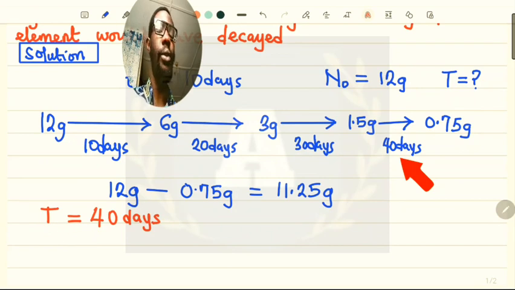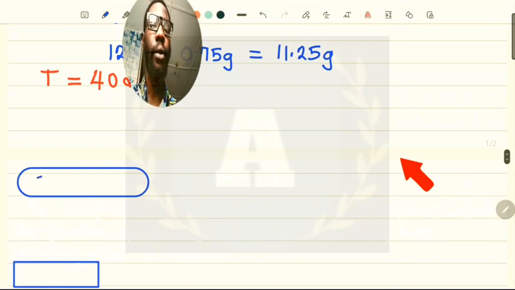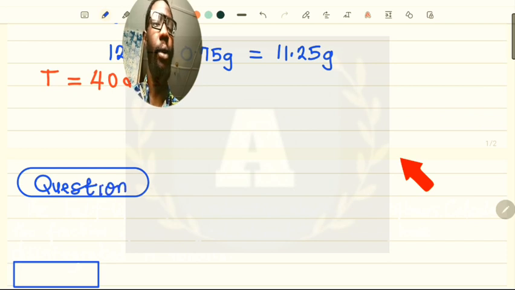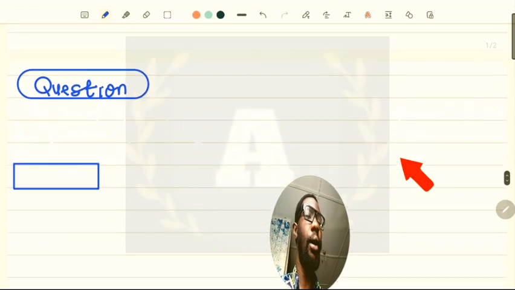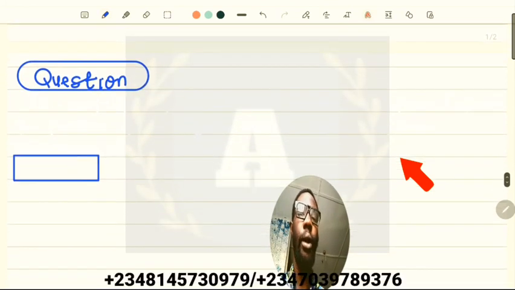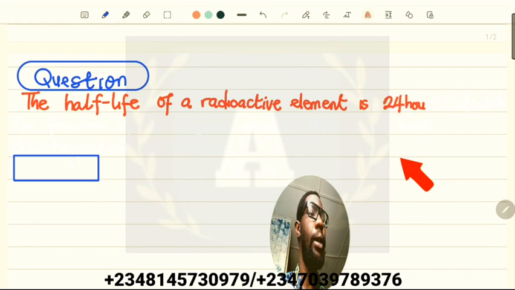All right, so now we have another question to unravel. The question says the half-life of a radioactive element is 24 hours.